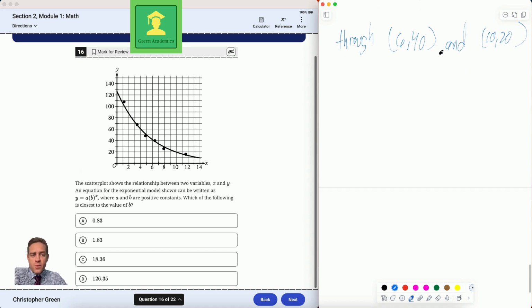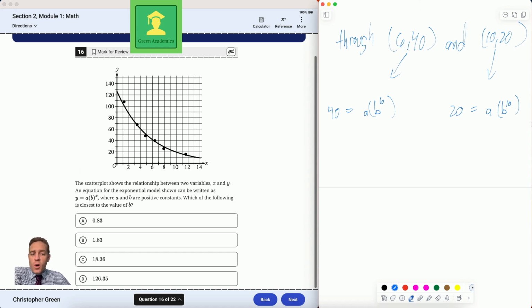So 6, 40 and 10, 20 as x and y. So using this, you would say 40 equals a times b to the 6. And then using this, you could say 20 equals a times b to the 10.